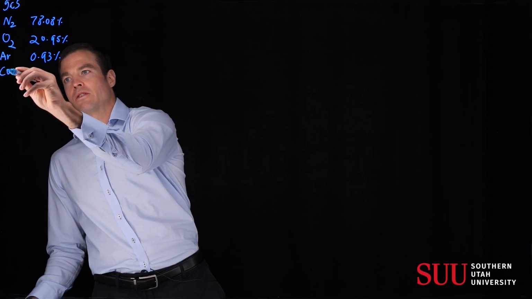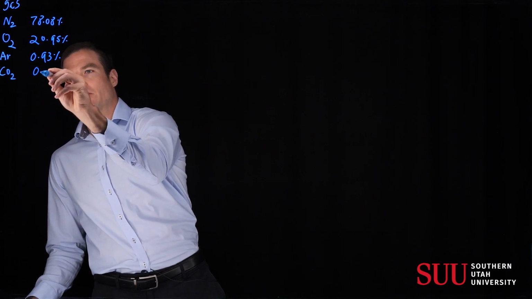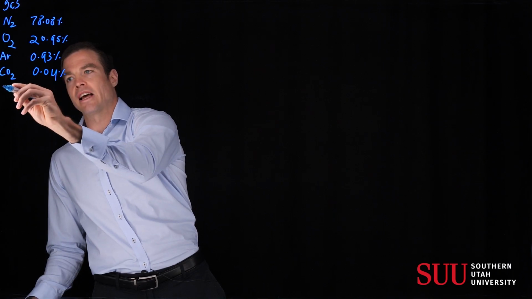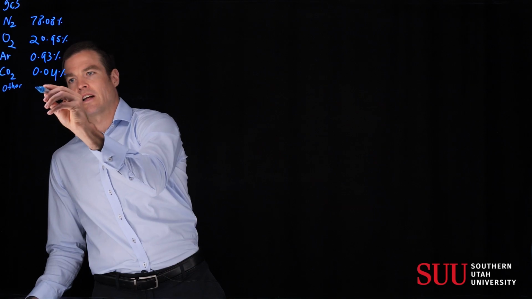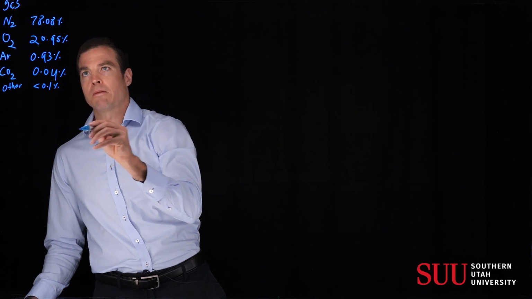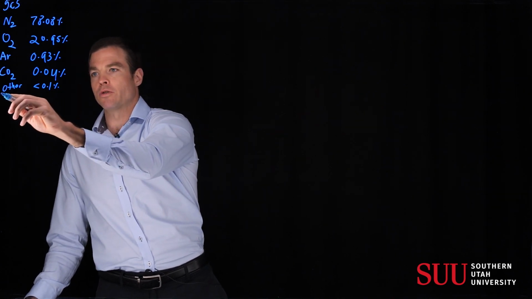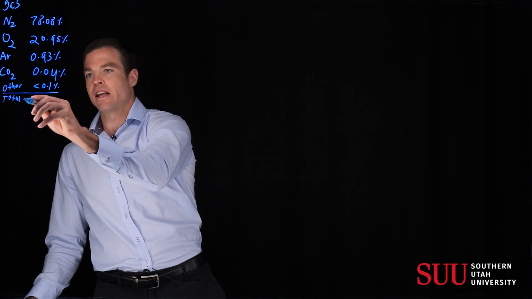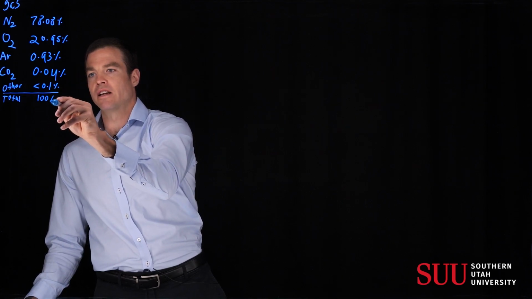You do have some CO2, and it's about 0.04%. And all the other gases, there's not a lot. I mean, you're talking about, in this case, less than 0.1%. And so if you total all this up, we would have 100%.